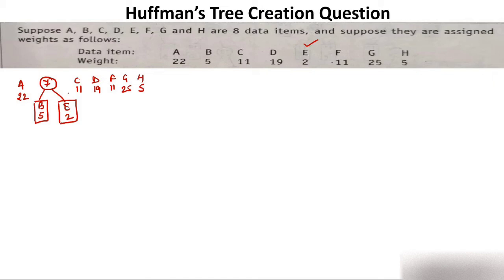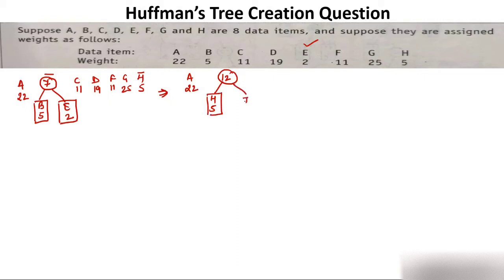Now you select two minimum weights. What are the two minimum weights? You have 22, 7, 11, 19. So the two minimum weights will be one is 5 and one is 7. So I'm making a tree now. The moment you add this, A22 will remain like this, 5 and 7 will become 12, and this will have H5.